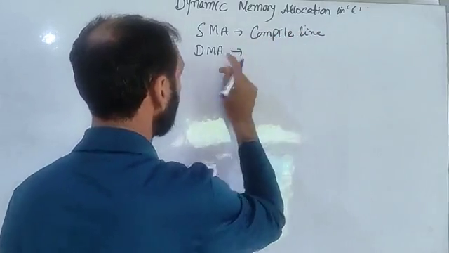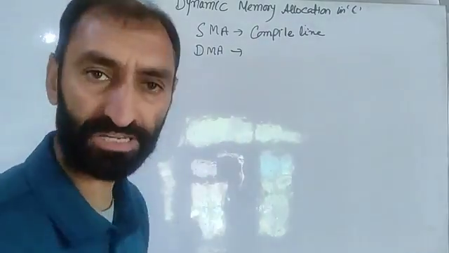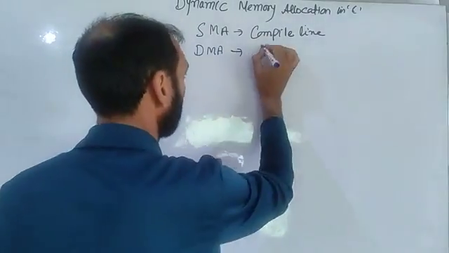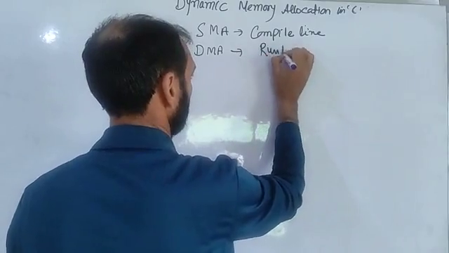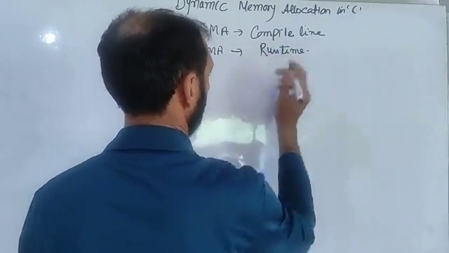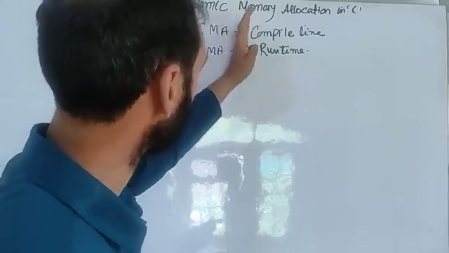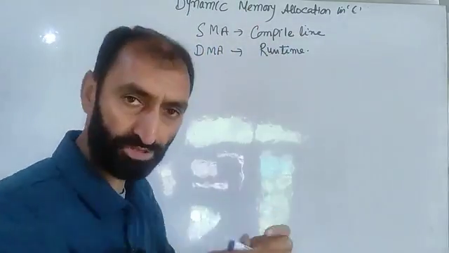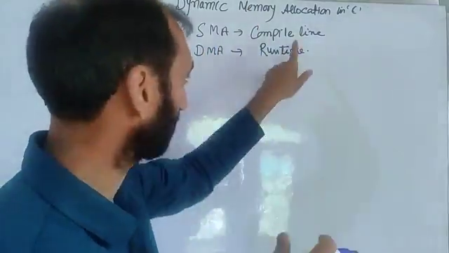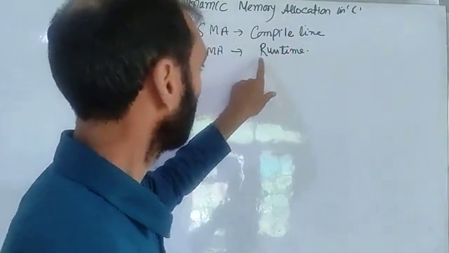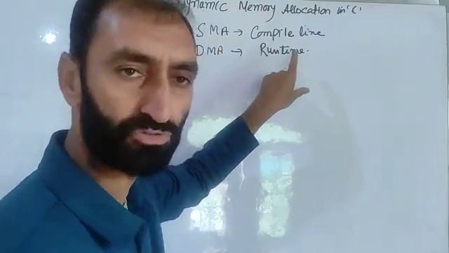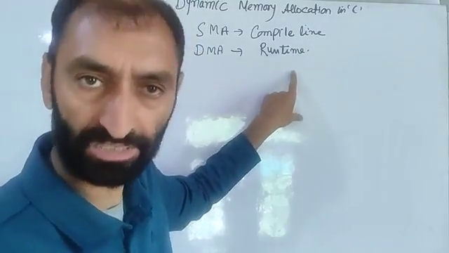And dynamic memory allocation means allocation of the memory at runtime. Static memory allocation means that memory is going to be allocated at compile time, and dynamic memory allocation means memory is going to be allocated at runtime.